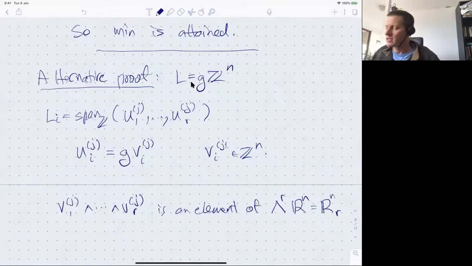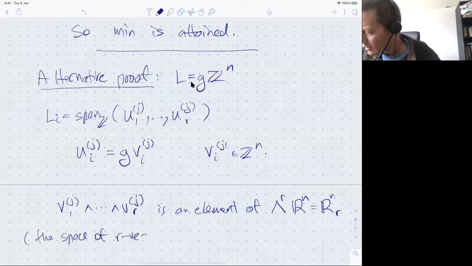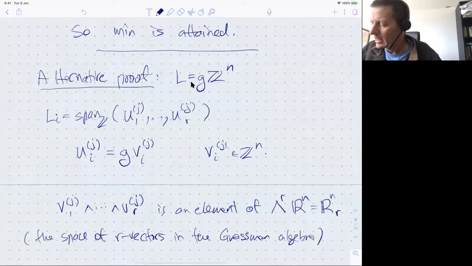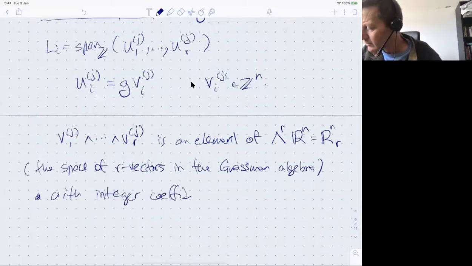These were two notations. This is the space of r-vectors in the Grassmann algebra. And it has integer coefficients, with respect to the basis.